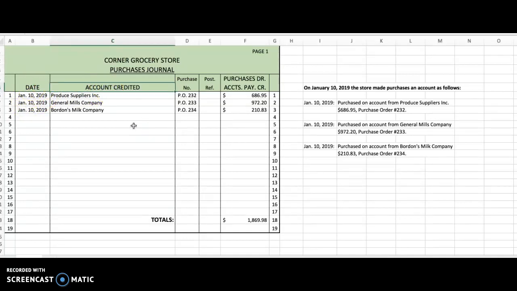If you remember, the sales journal had this column labeled account debited, and the companies or the people involved in that journal were customers, and they owed us money. So their accounts work the same as the accounts receivable account in that it is an asset, and assets increase on the debit side.